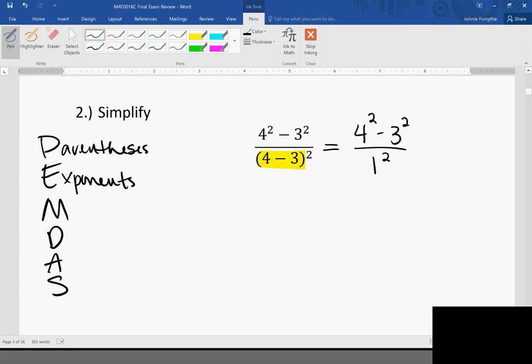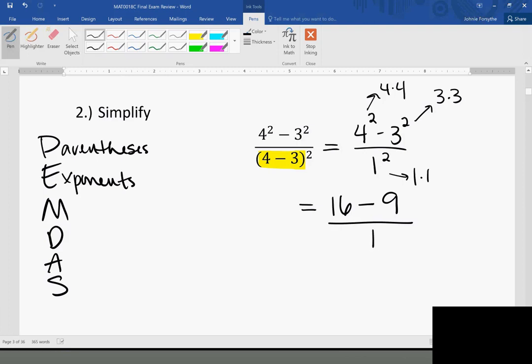So we have 4 squared. So 4 squared is 4 times 4, which is 16, minus 3 squared is 3 times 3, which is 9, divided by 1 squared, which is 1 times 1, equals 1.